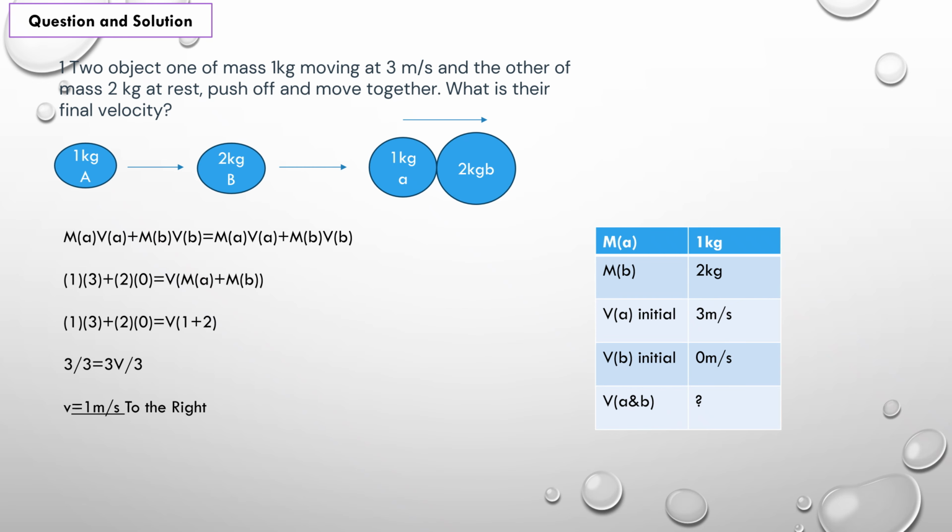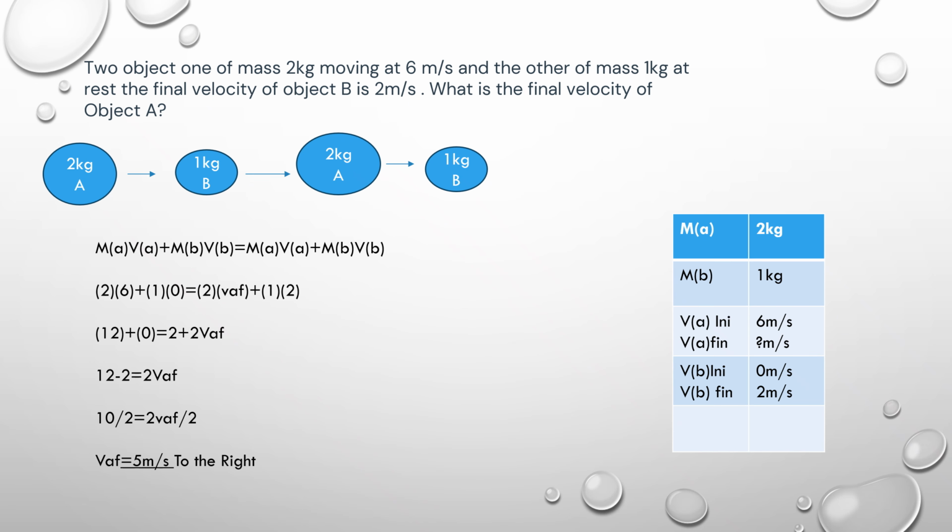So we're going to do example number 2. Don't forget to write the direction, because momentum has magnitude and direction. It is a vector quantity, by the way.